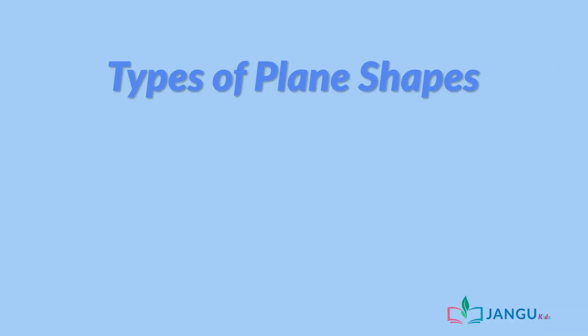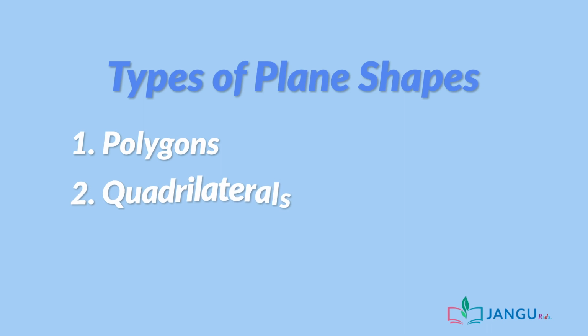There are two types of plane shapes, which are polygons and quadrilaterals.